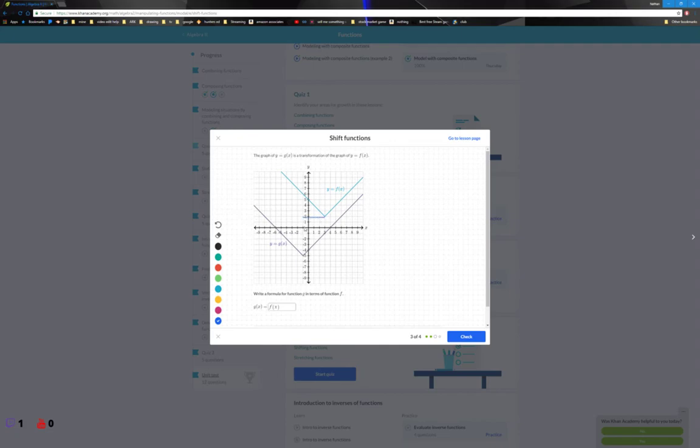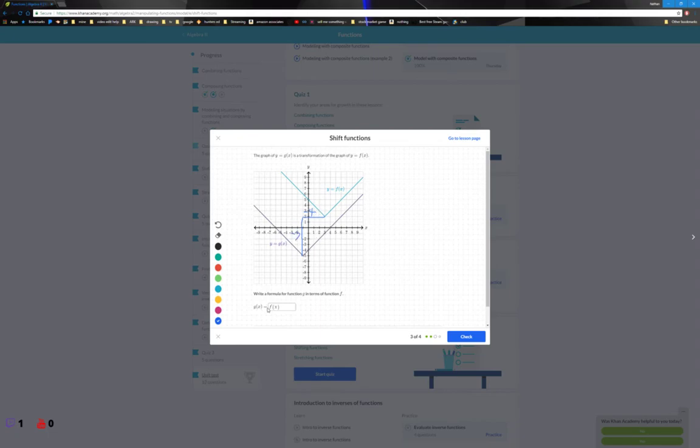So it goes over 1, 2, 3, 4. It goes over -4, because we're moving back 4, and then it goes down from 2 to -5. That's -7.